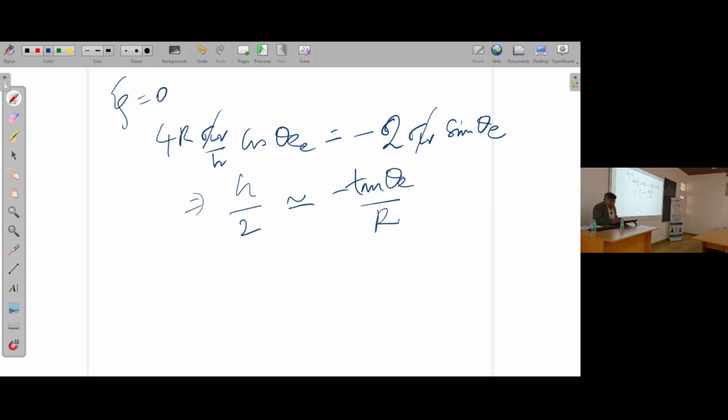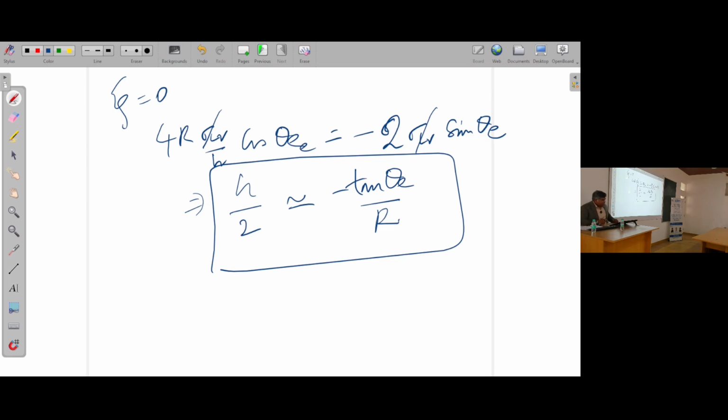So this is basically the condition for you to have a stable liquid filament. And you can clearly see that there is an interaction with the contact angle here. Okay? So these are just based on energy balance concepts that you can actually look at.